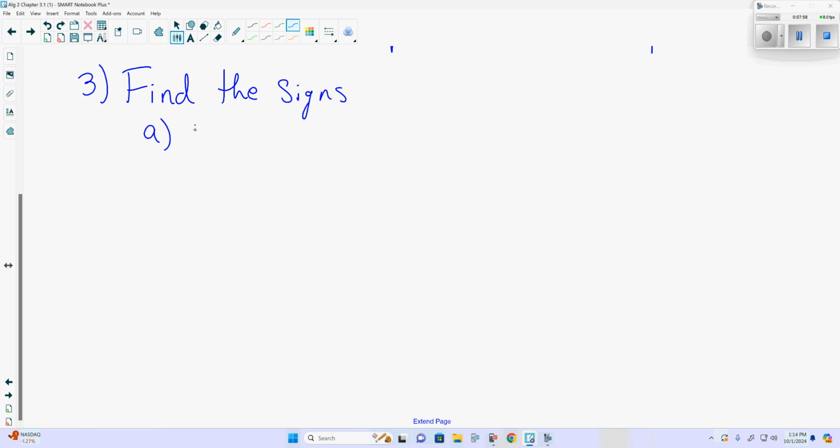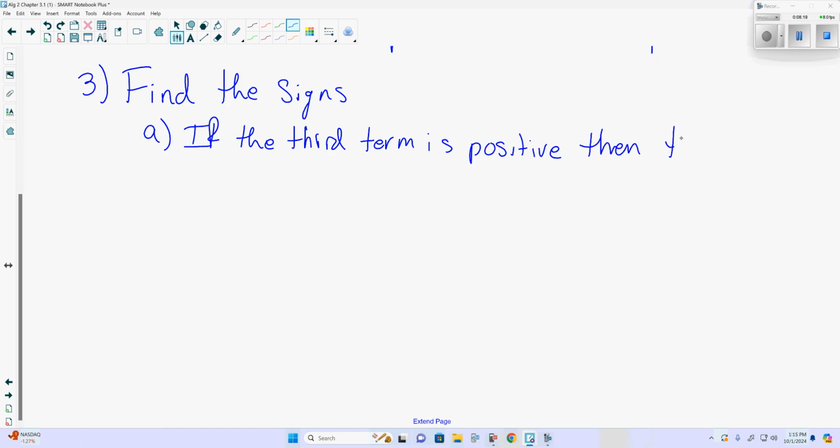If the third term is positive, and again, we're not focusing so much on the number, but the sign, then the signs inside the parentheses are the same and match the sign of the middle term.